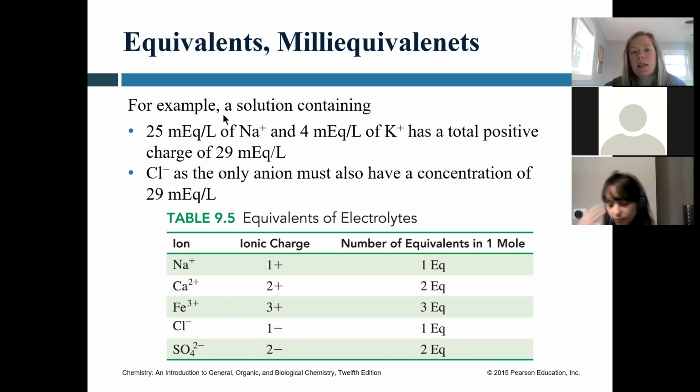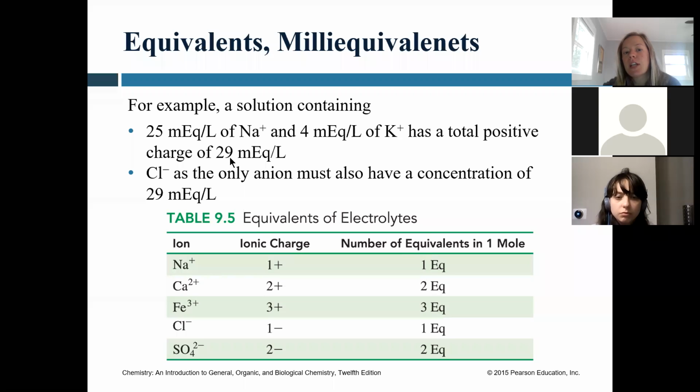If we look at something like this, let's say we have a solution that contains 25 milliequivalents of Na+ and 4 milliequivalents of K+. So there's 2 different positive ions. The total positive charge is 29 milliequivalents. Well, if Cl- is the only anion, the only thing that's negative, its concentration has to equal the concentration of the positive.